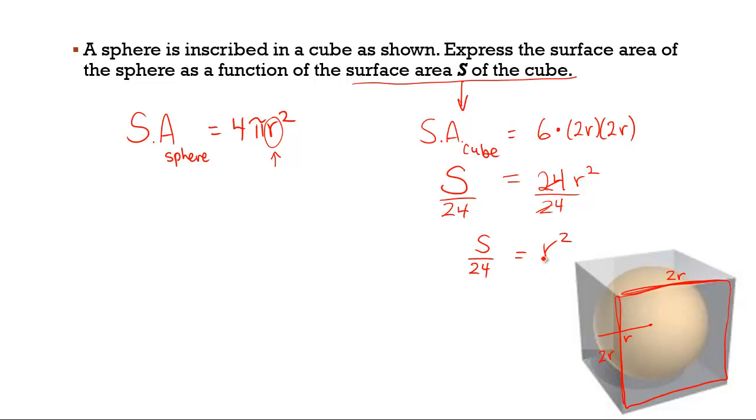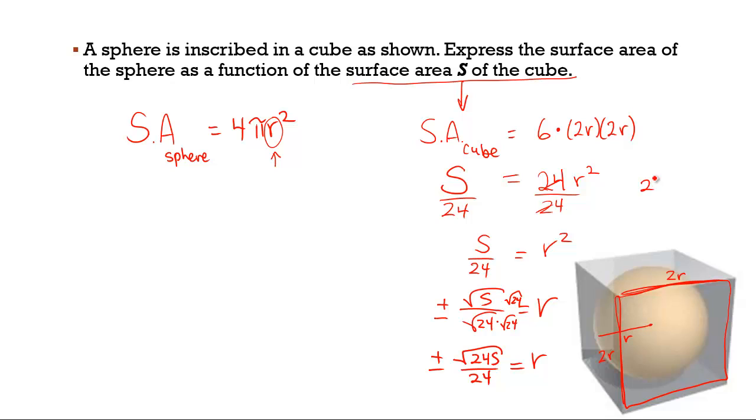Now remember, if we want to get r by itself, we have to take the plus or minus of the root of this. And again, let's rationalize the denominator. So that'll be multiplied by root 24. So we'll have root 24s over 24.